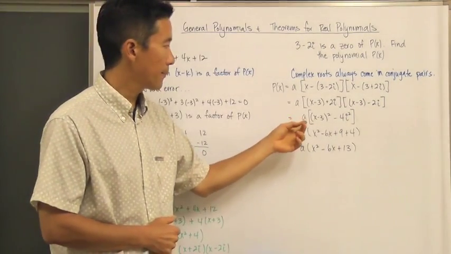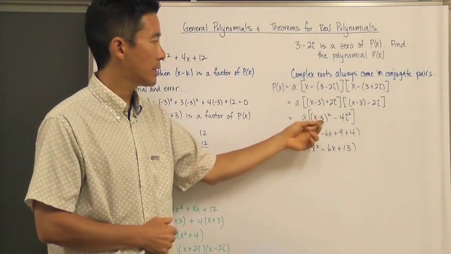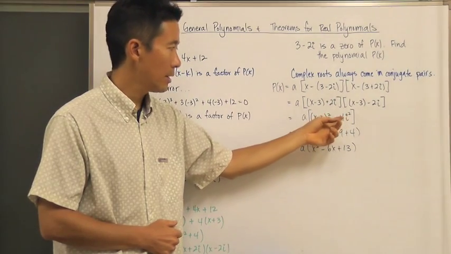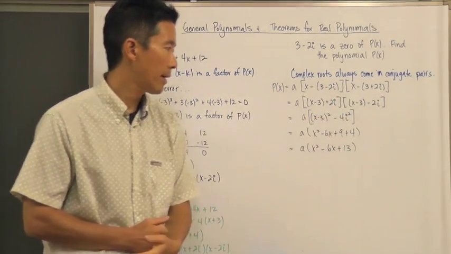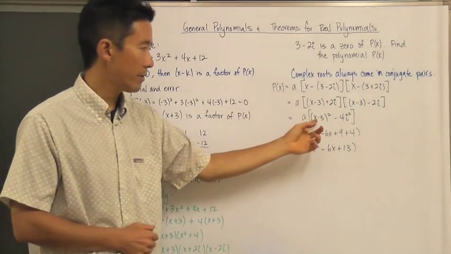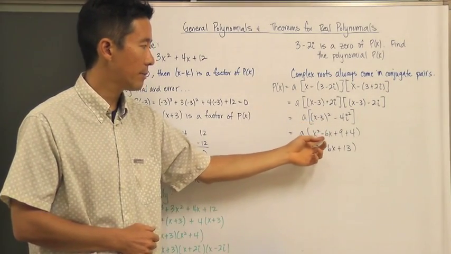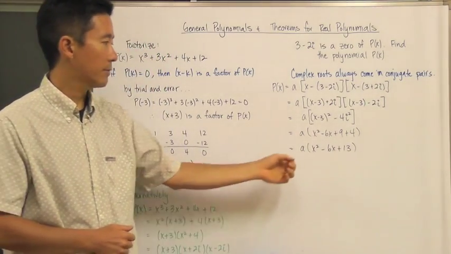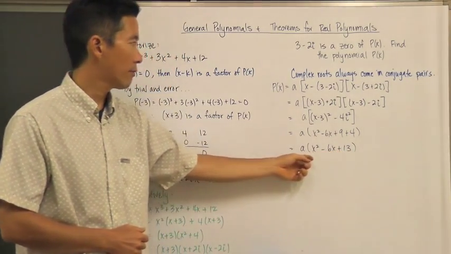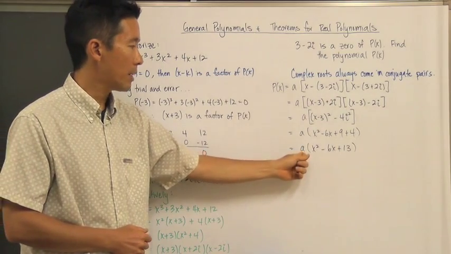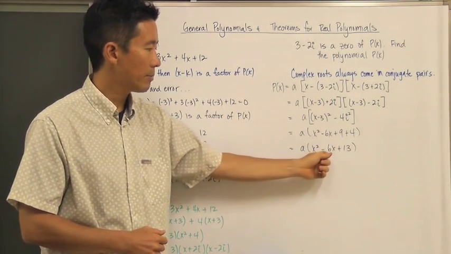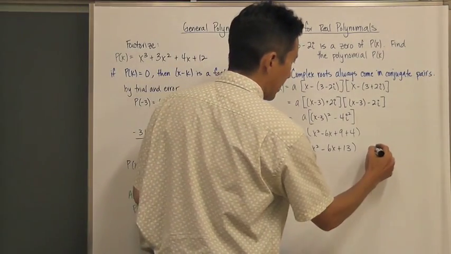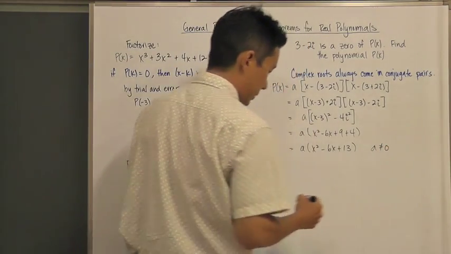So we have a times the quantity x minus 3 squared minus the quantity 2i squared, which is the same thing as 4i squared. Notice that we can then very simply expand this as x squared minus 6x plus 9, plus 4, to finally come out with an expression for the polynomial: the parameter a times the quantity x squared minus 6x plus 13, and of course we need to mention that a cannot be equal to 0.